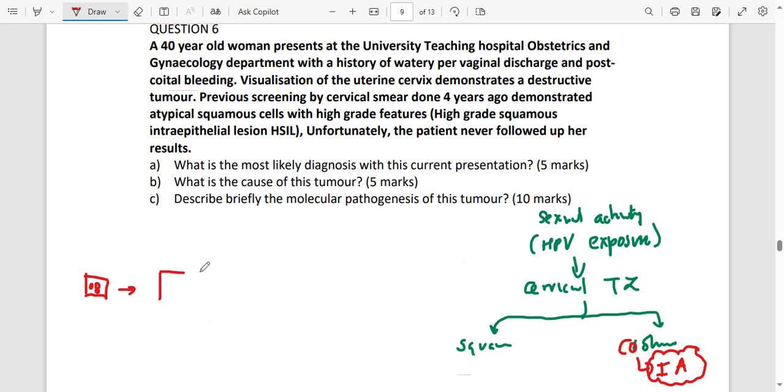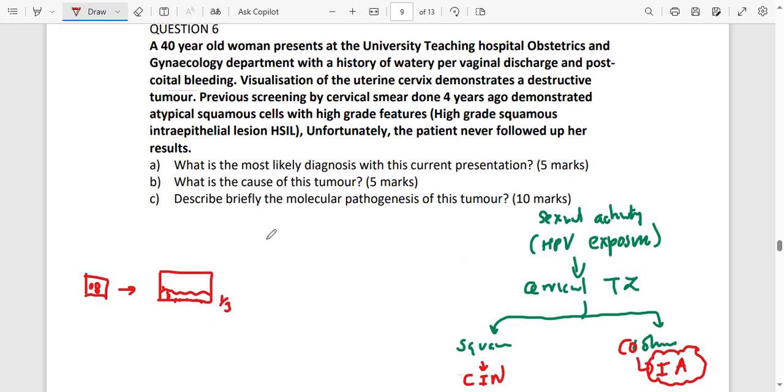So first, one third of the cells at the base are going to be affected, and that is the classification of cervical intraepithelial neoplasm. Before you can go to the cancer, cervical intraepithelial neoplasm.